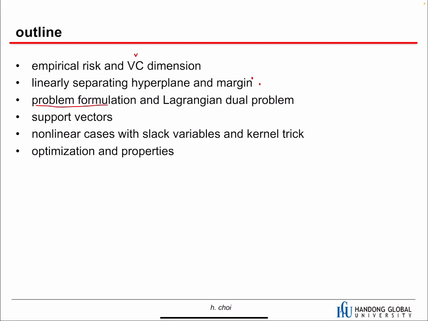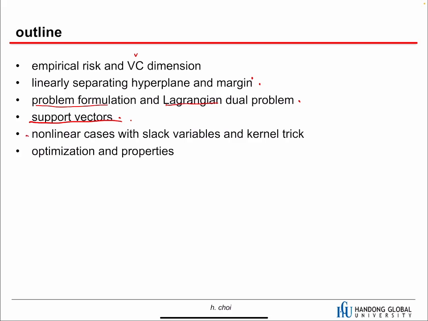And then since there are some constraints, we're going to use a Lagrangian multiplier, a Lagrangian function. And then the problem will be transformed to the Lagrangian dual problem. And then finally, we'll see support vectors. By this, we have a best kind of classifier when the data set is linearly separable.